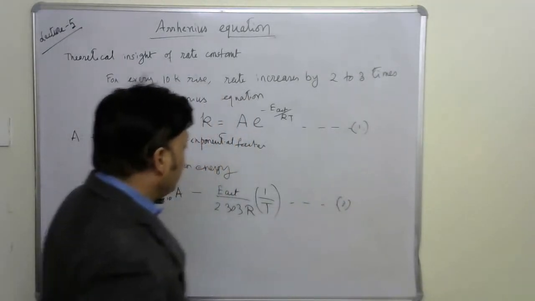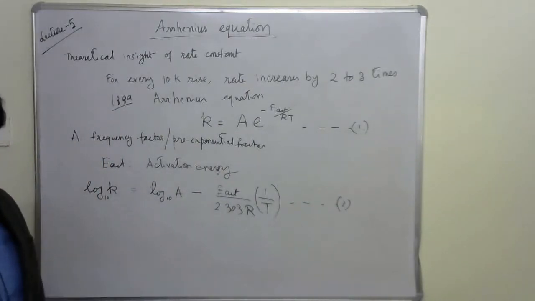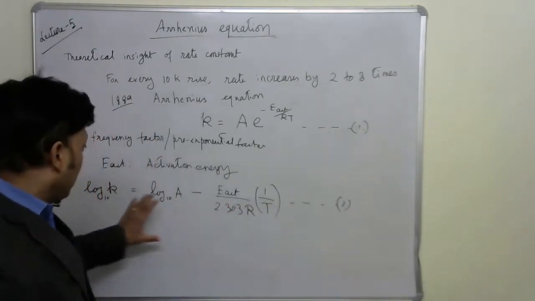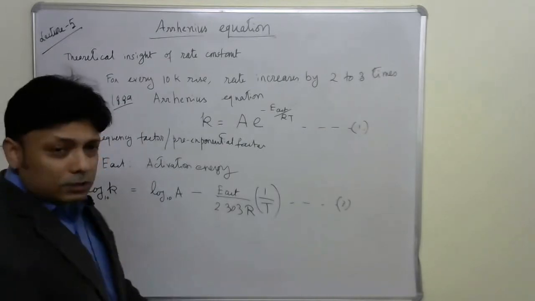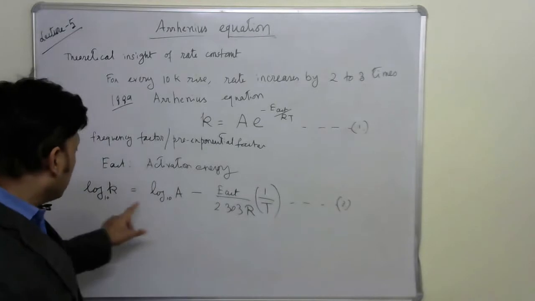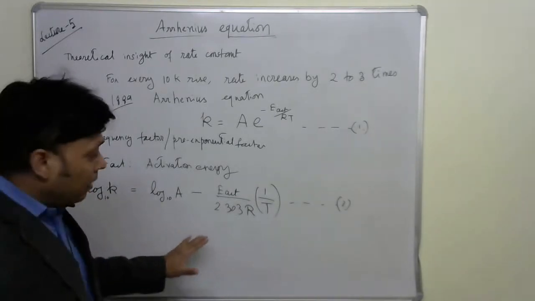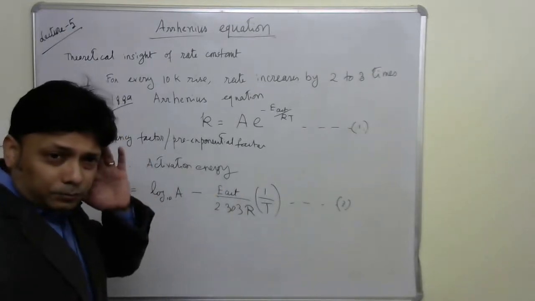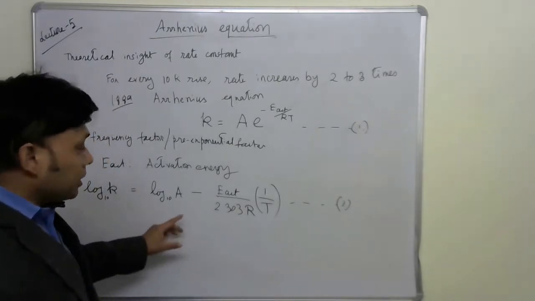So the simplest method to measure the energy of activation is to run the chemical reaction at different temperatures and record the different rate constants. Therefore, if we plot 1 over T versus log to the base 10 of k, it would give us the graph of a straight line with an intercept.